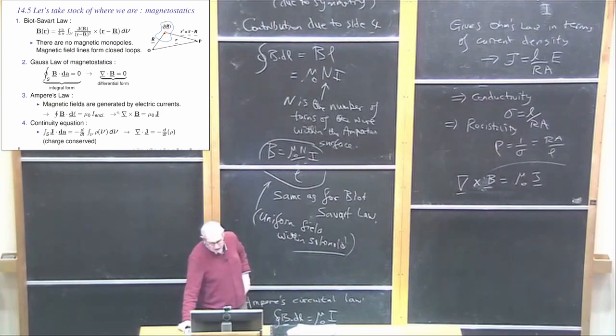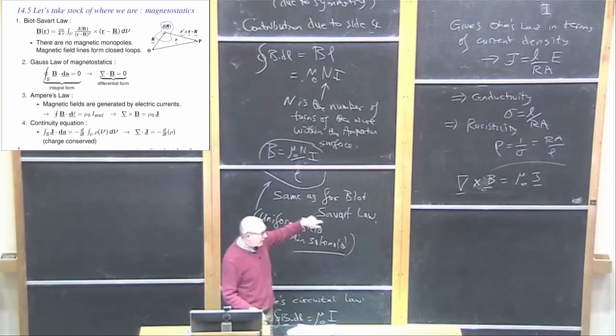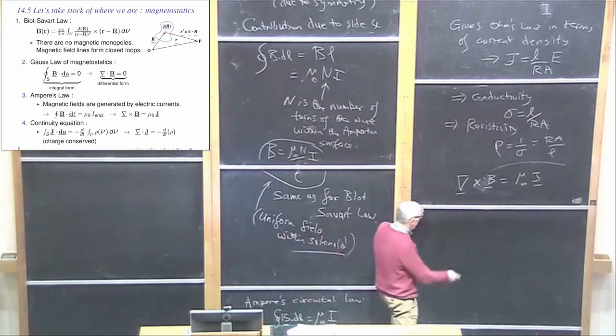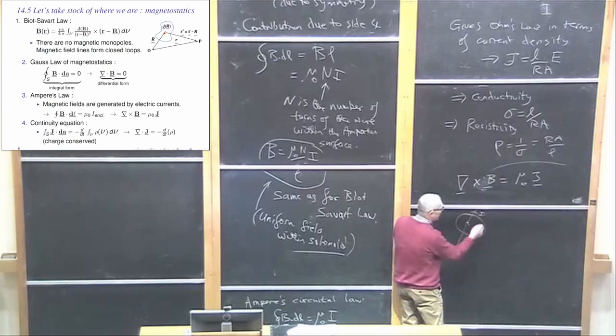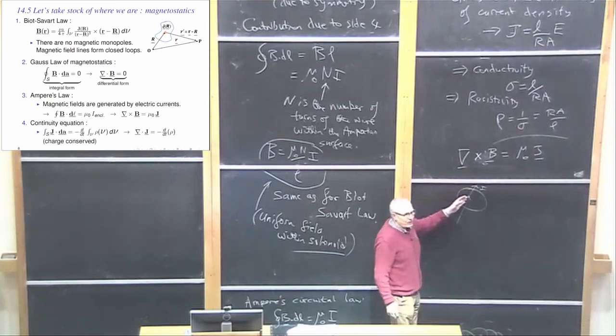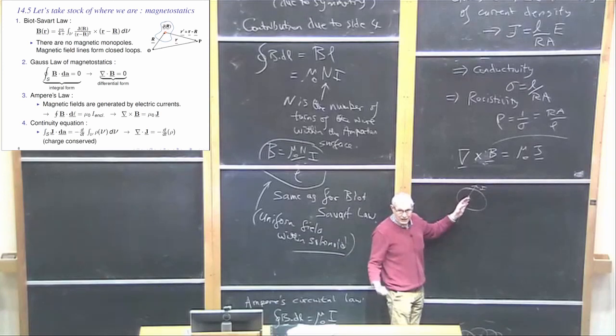Ampere's law, which I didn't derive, but I indicated examples of where it works and showed it was equivalent to Biot-Savart. You integrate around a closed path, and that equals the current enclosed within it. I haven't done any nasty examples yet; I will do some.